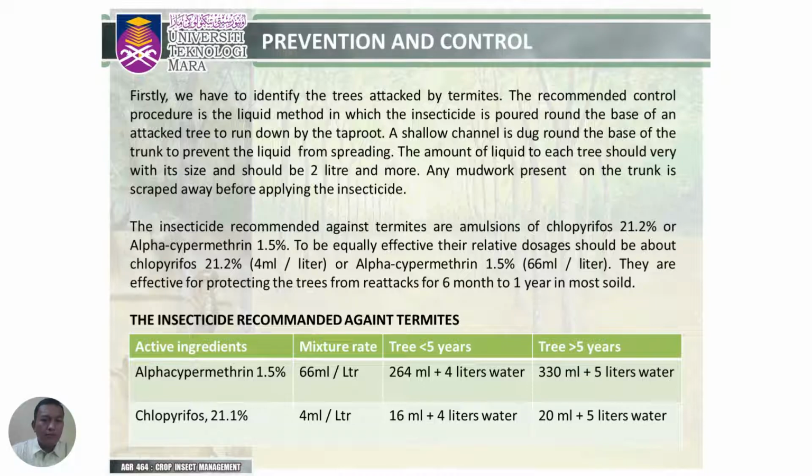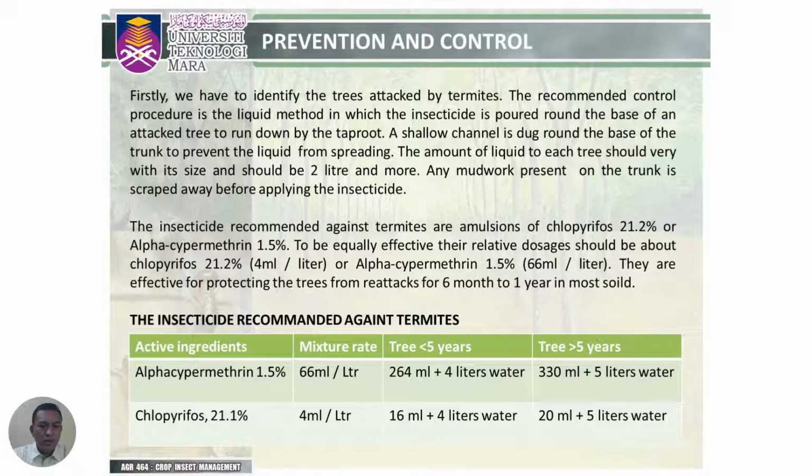They are effective for protecting the trees from attack for 6 months, and for 1 year in some soils. Okay, you can see the schedule. The insecticide recommended against termites, alpha-cypermethrin 1.5%, is 66 ml per liter.